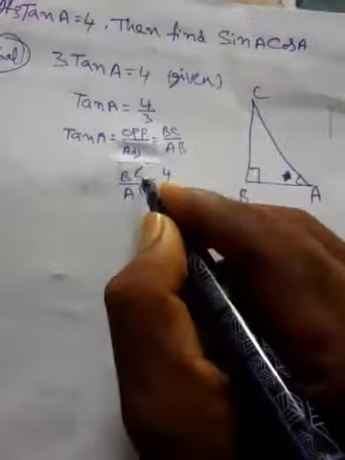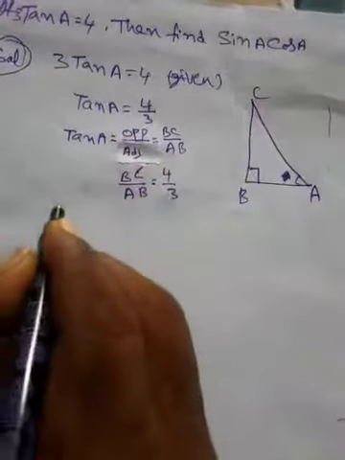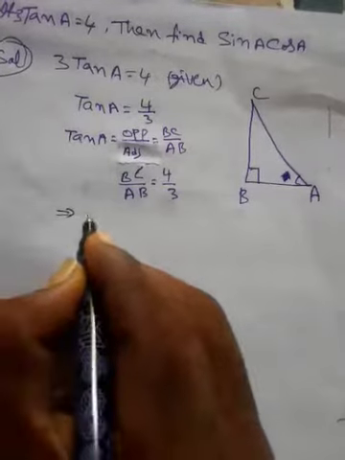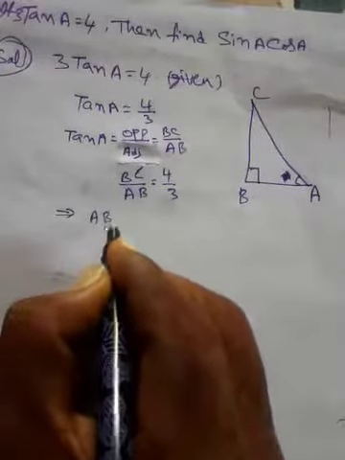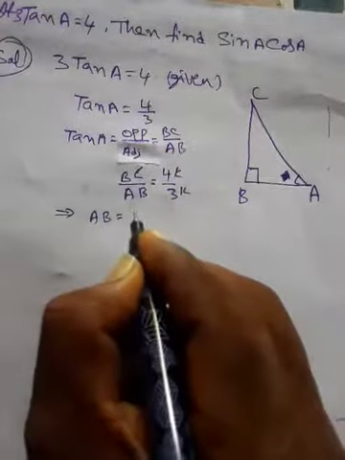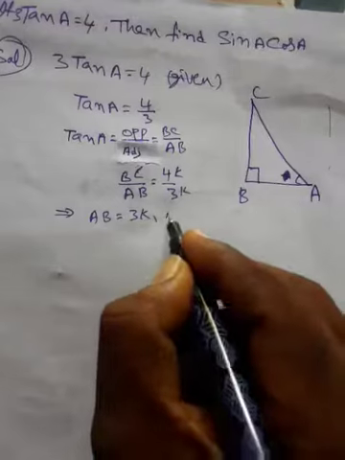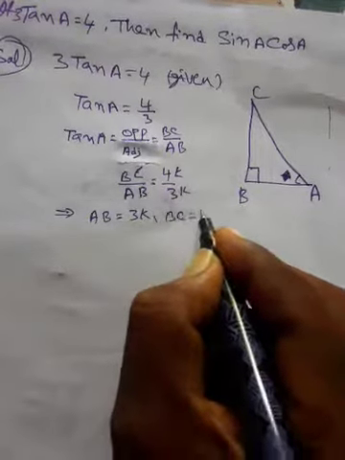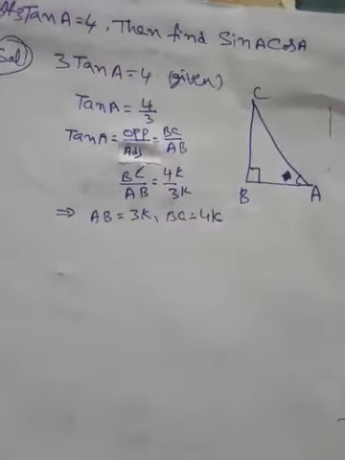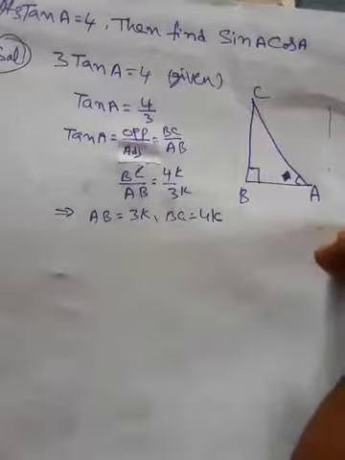That's equal to BC by AB equal to 4 by 3. That implies AB equal to 3K and BC equal to 4K.